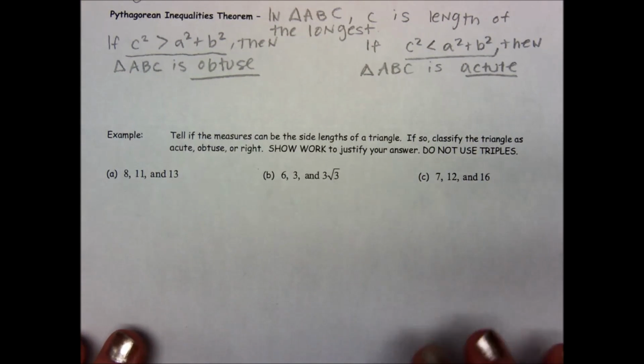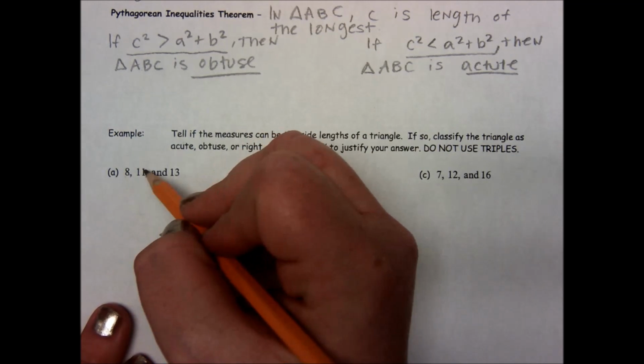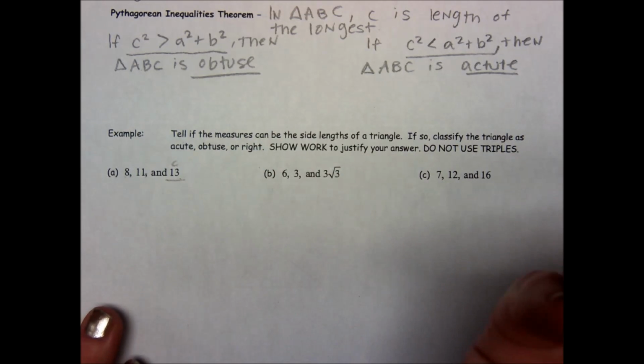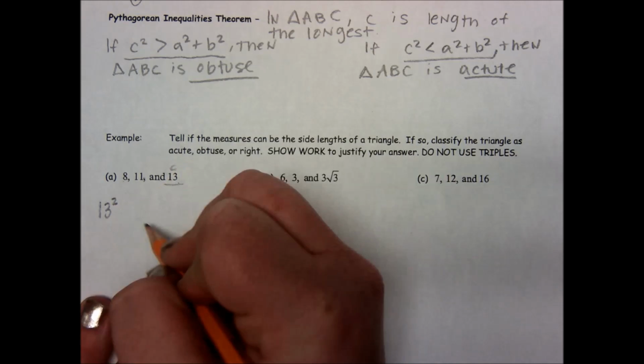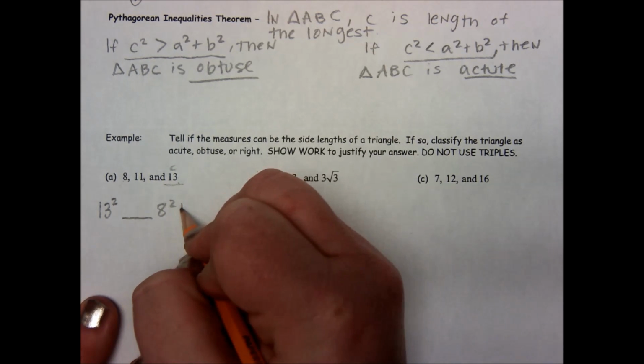Let's look at letter 8. So out of 8, 11, and 13, 13 is the biggest, so it's our C. So c squared, and I want to know if it's greater than or less than 8 squared plus 11 squared.